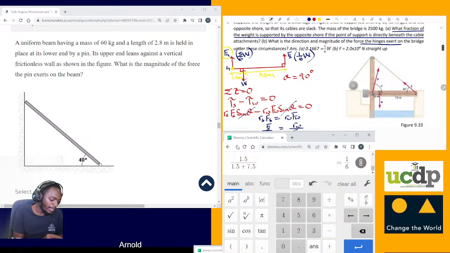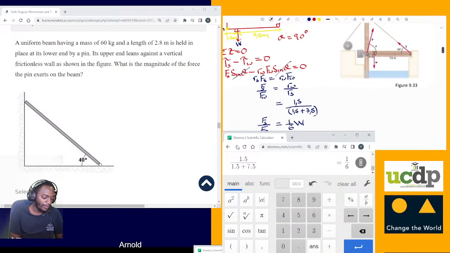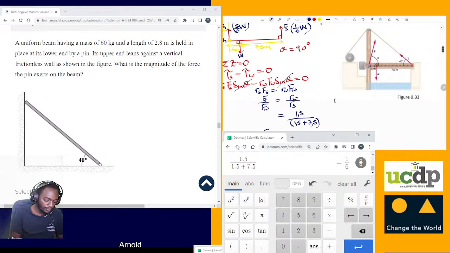So we have already identified that if the shore side is supporting the bridge by exerting a force of 1/6 of the weight, which means that the hinges are exerting 5/6, and the direction is upwards.